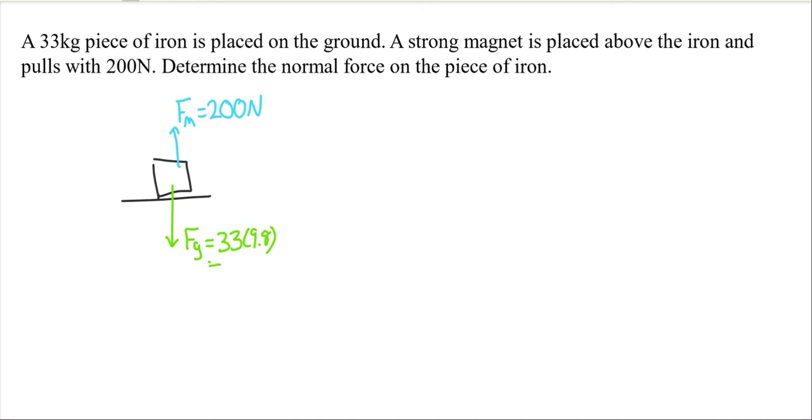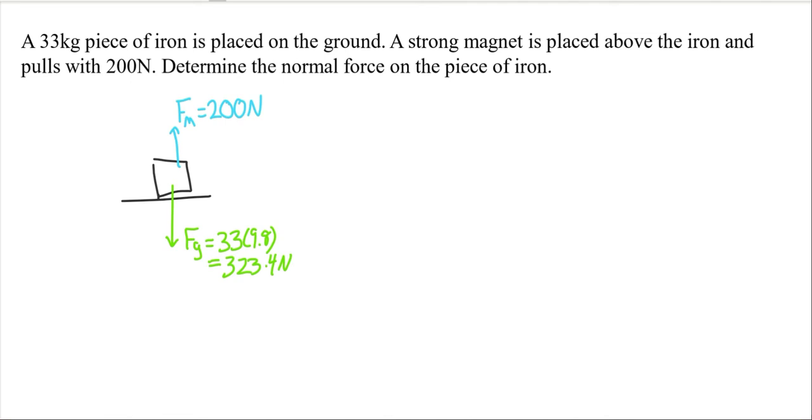So gravity is pulling with 323.4 newtons. If I was to look at this situation alone, gravity is bigger than the magnet force, isn't it? That means it wins, it pulls harder, and that means the object will accelerate downward.